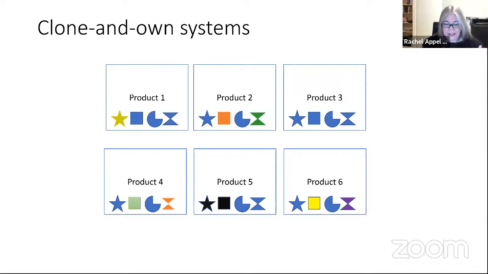And as a matter of fact, I cannot tell you the name of the company, but it is one of the biggest insurers in the United States, had exactly this problem. And it was to the point where they had to hire an entire department of what they called merge engineers with a merge manager that had to go through and fix, because they kept cloning and modifying products and then trying to merge it back into each base, every cross base from product 6 to 1 if they made a change.